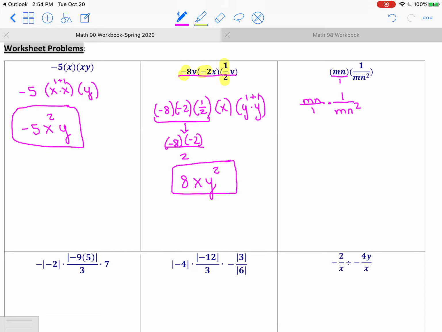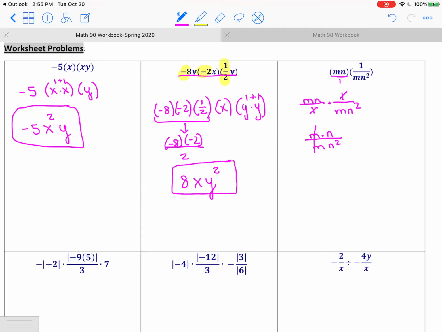Now when you have two fractions multiplied together, we know that we can actually just set all of the numerators down, and I really like to do this, especially when we're dealing with variables. The ones I'm just leaving off because since we're multiplying them by other things, we can delete them. If a 1 was sitting there by itself, we need to keep it because we have to have that placeholder. But I really like this notation here, because it's very easy to see that these m's are going to cancel out with each other.